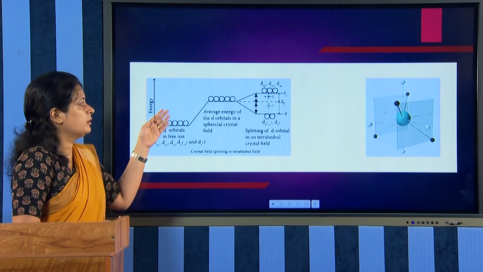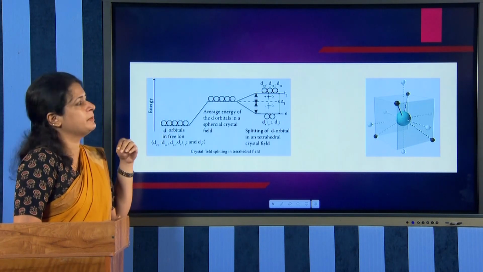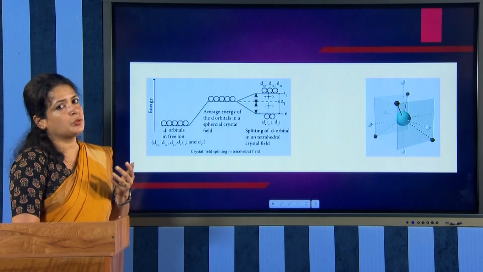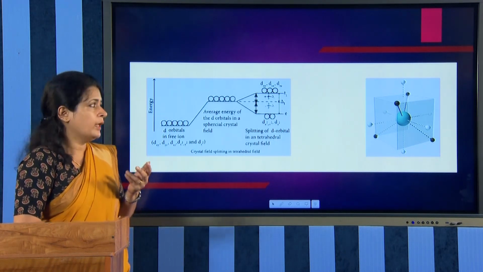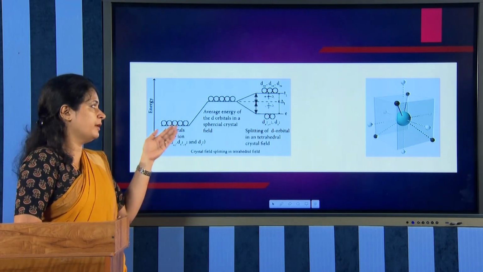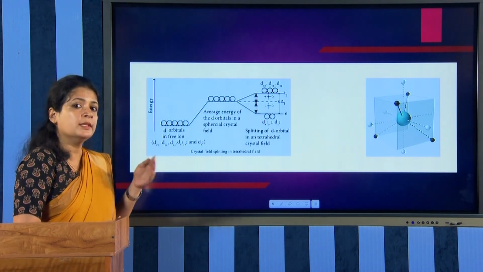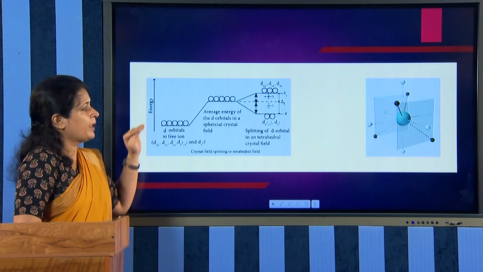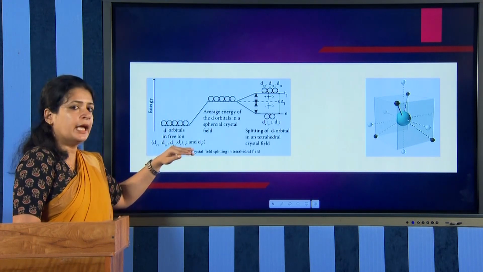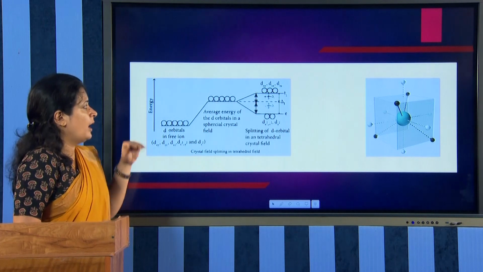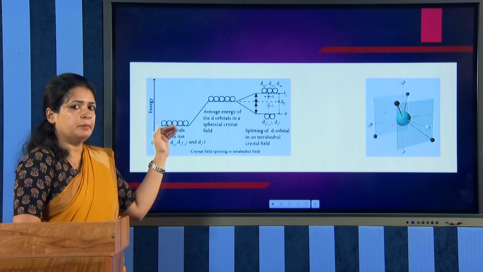And you can see the difference between the splitting, that is delta T. In the case of the octahedral field, it was delta O, that is delta octahedral. But when we are discussing the tetrahedral field, we have to replace O with T. So, it is delta T, and it is the energy difference between E and T2 orbitals. And you can see the barycenter at the middle.